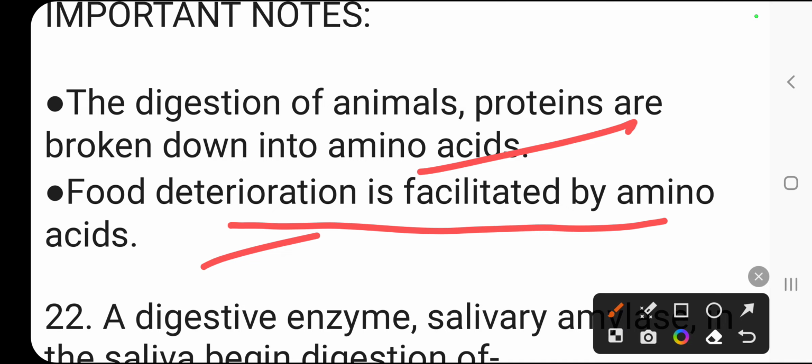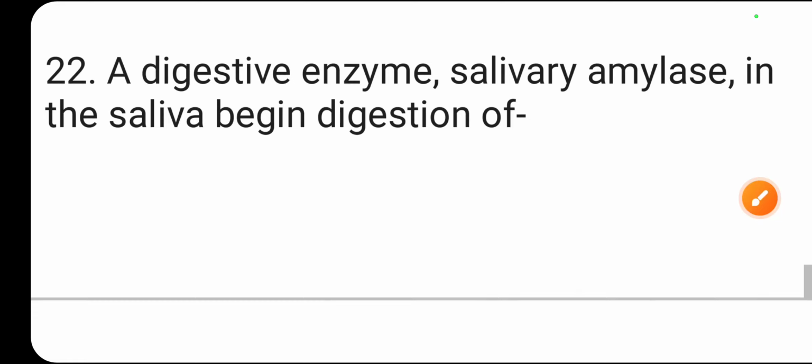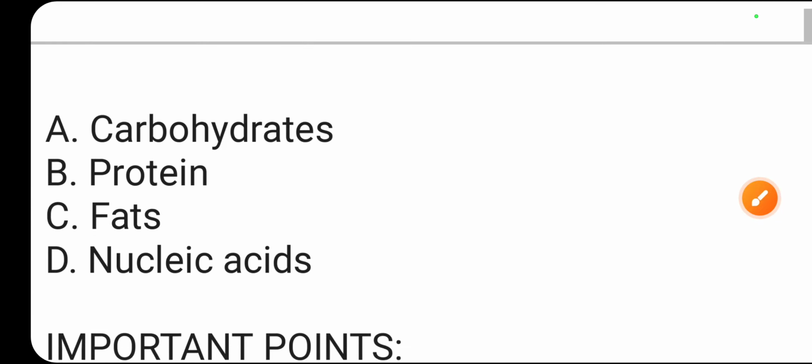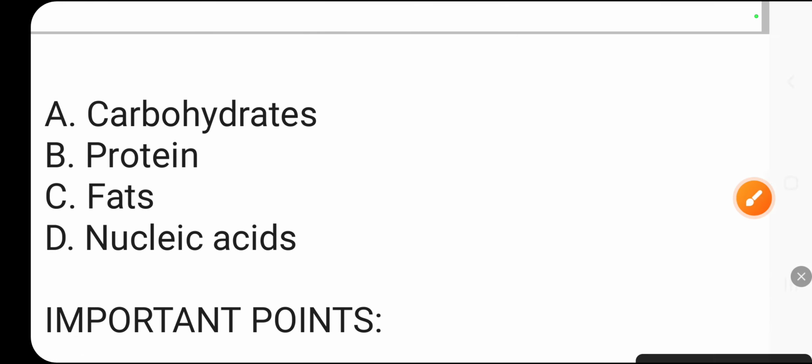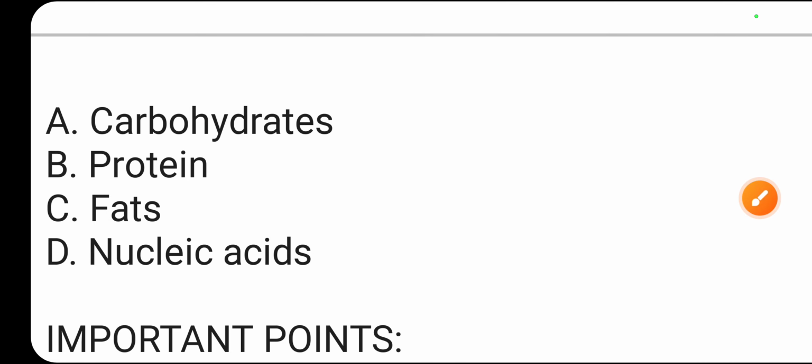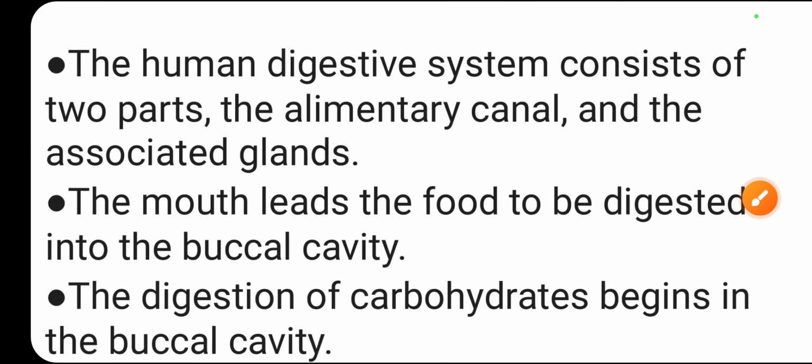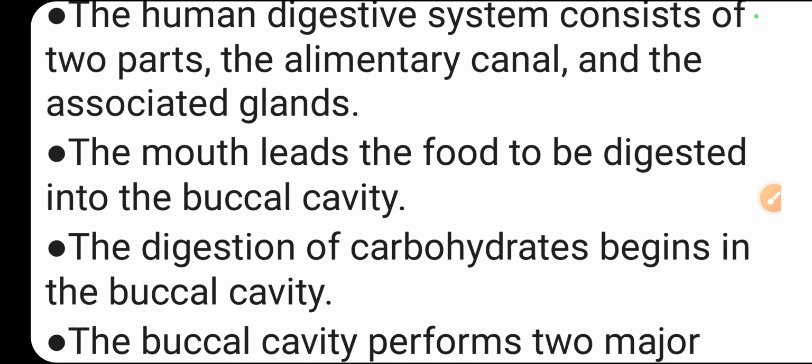Next question. A digestive enzyme, salivary amylase, in the saliva begins the digestion of what? So, the correct answer for this will be A, carbohydrates. Some important notes. Again, this was already told in the earlier question that the human digestive system has two parts: the alimentary canal and associated glands.